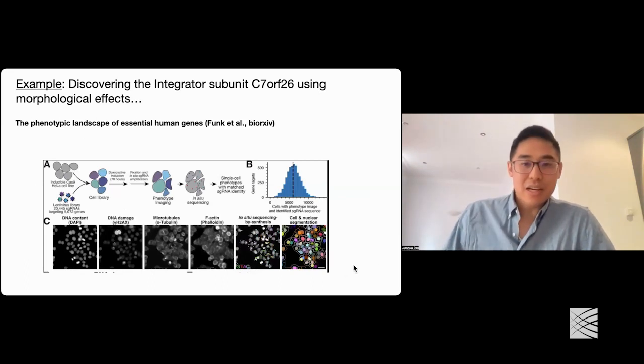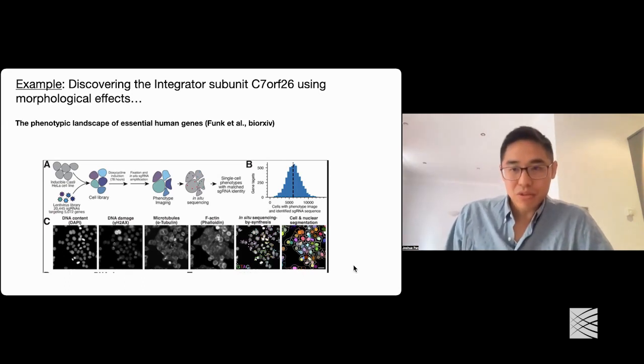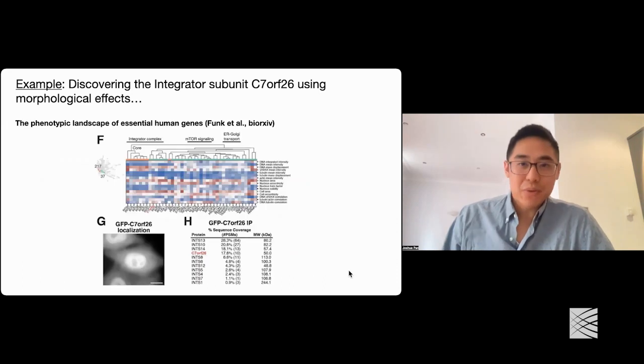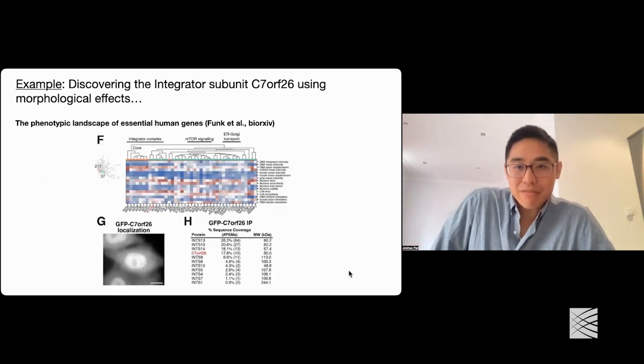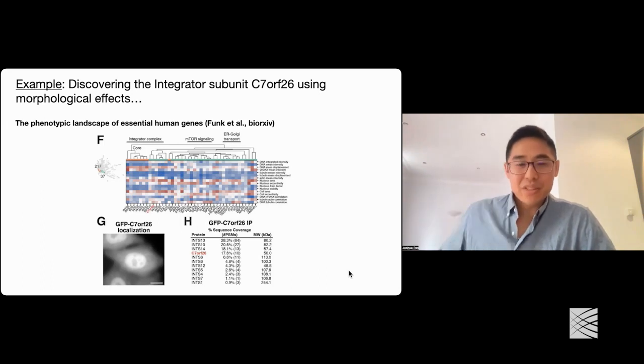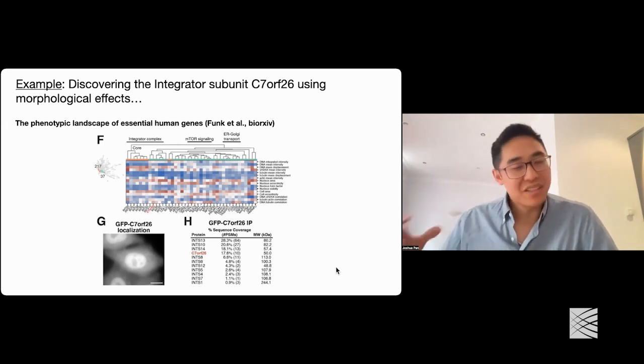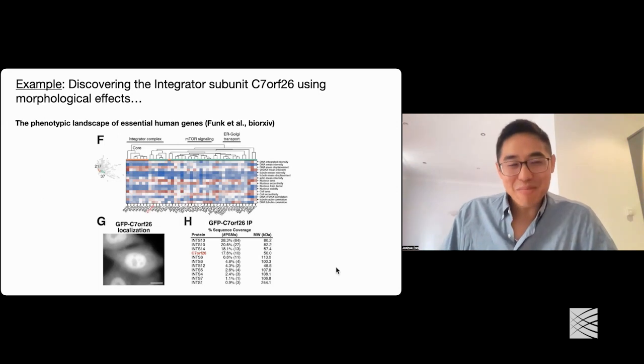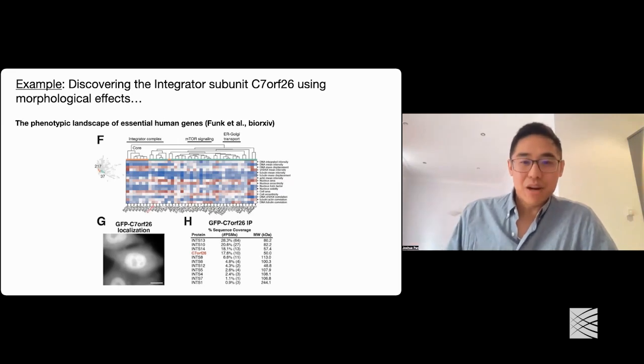As I said, they knocked out these same proteins and looked at the morphological consequences and the morphological effects. And in their paper, once again, this is Funk et al. in bioRxiv, they also found that C7orf26 is co-phenotypic with this very specific module. So this is kind of a bonus slide, but food for thought for the audience and what the future of screening holds when we start to do these more and more often.